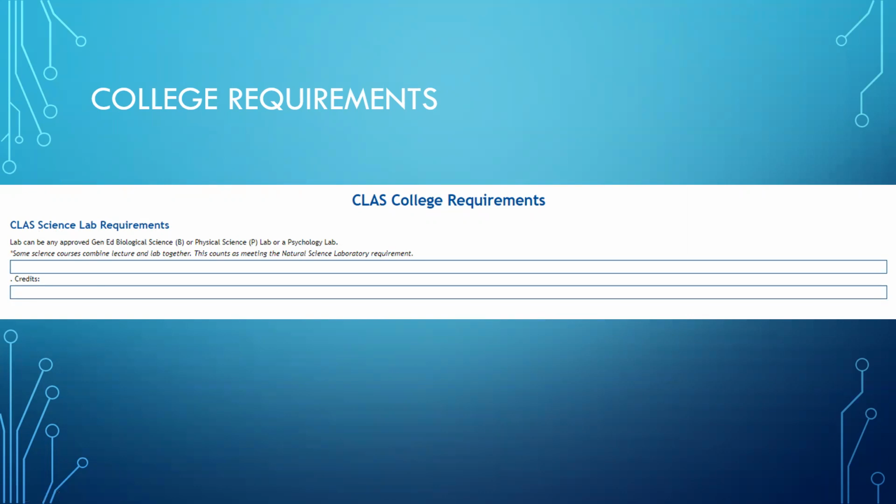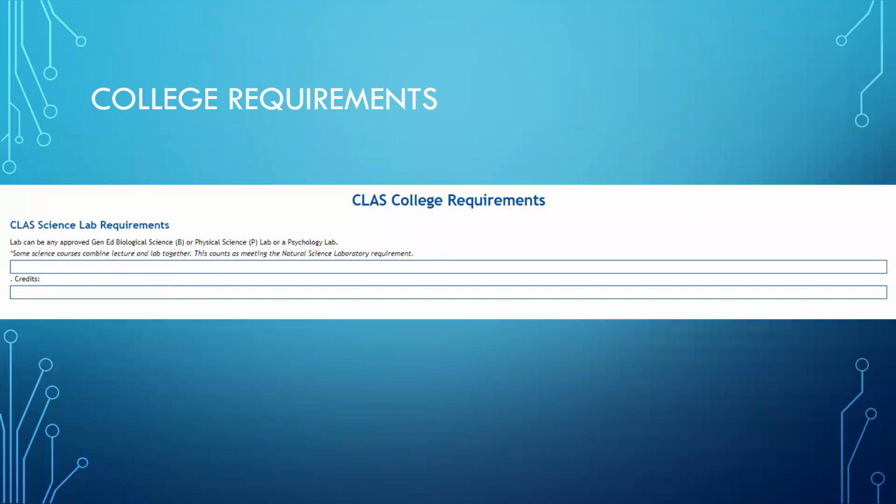University of Florida Liberal Arts and Sciences does require everyone to have completed a natural science lab. So if you completed a natural science lab, just indicate the course and the number of credits. If you had no science lab completed, no big deal. You can go ahead and complete that here at UF.